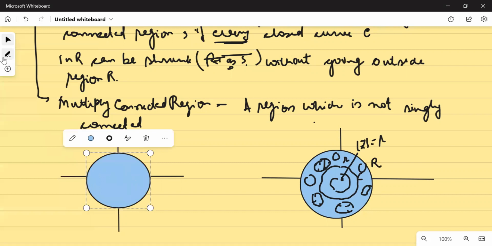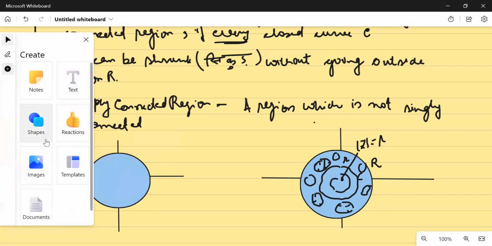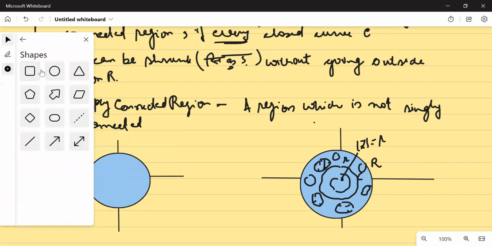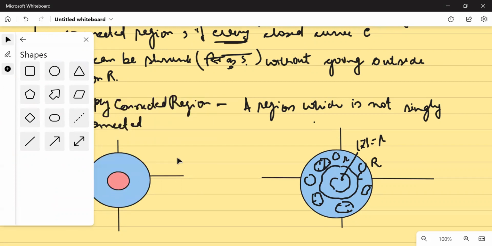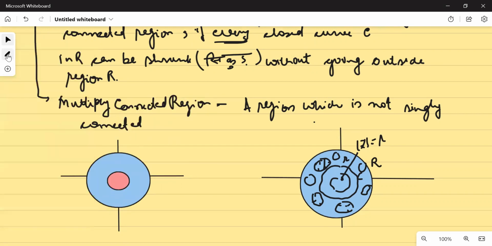So this is your circle 1, and this is your circle 2. Now understand my point. I'm talking right now about the annular region, which is the blue region here.